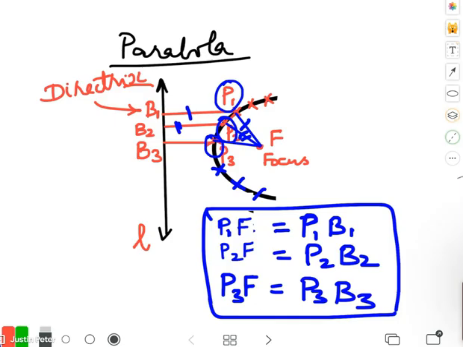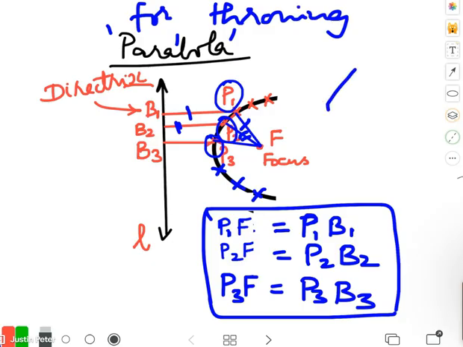So what is parabola? Para actually means for. Bola means throwing. So parabola is the shape you get when you throw a ball in the air.